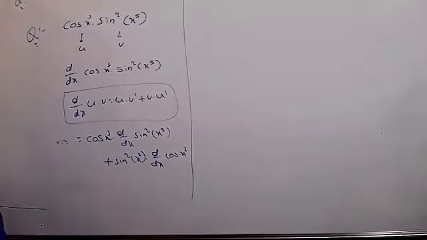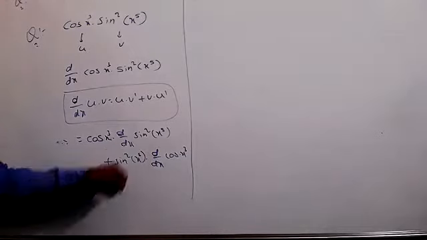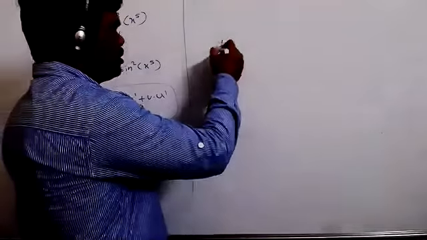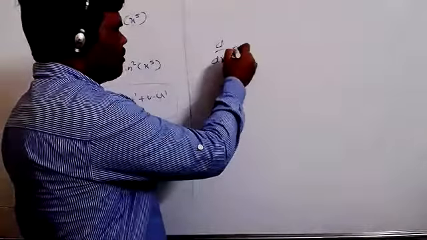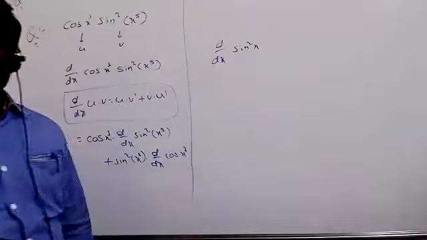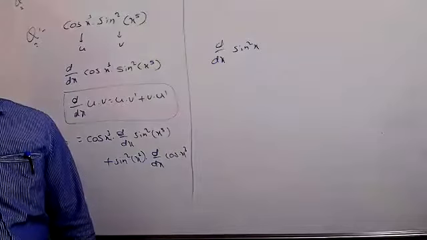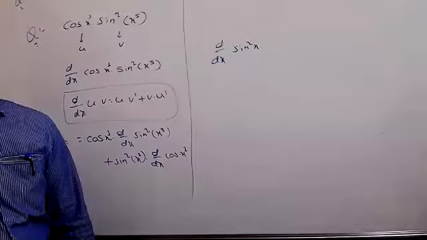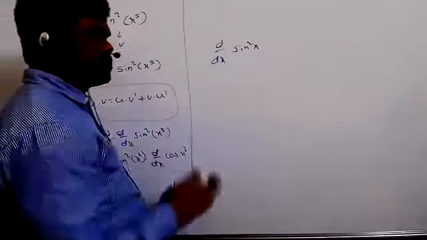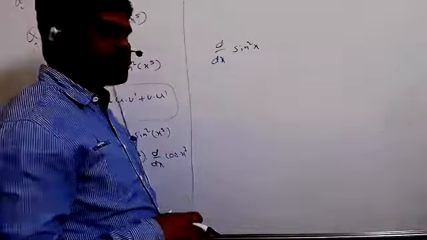Now tell me anyone, what is the differentiation of sin square x? Look at the board now: d by dx of sin square x. What is the meaning of sin square x? Sin x into sin x. Or else you can do one more way also.